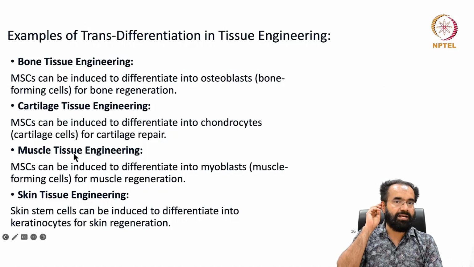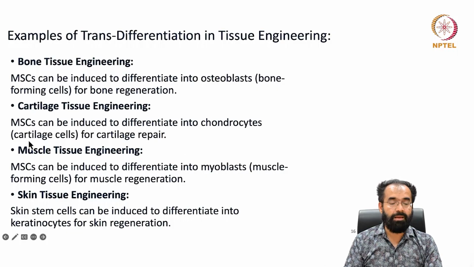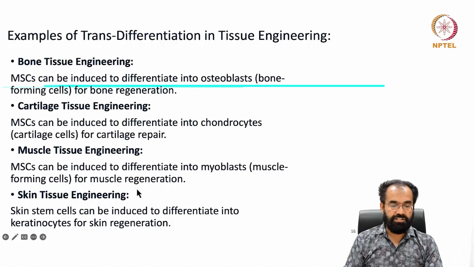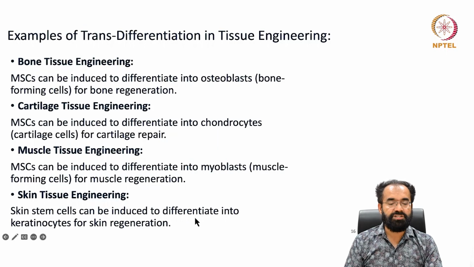Like your ear pinna is cartilage, your nose, many parts of your body still have cartilage, and you can use cartilage synthesis using MSCs. Muscle tissue engineering: MSCs can be induced to differentiate into myoblasts, that is muscle forming cells, for muscle regeneration. Skin tissue engineering: skin stem cells can be induced to differentiate into keratinocytes for skin regeneration.